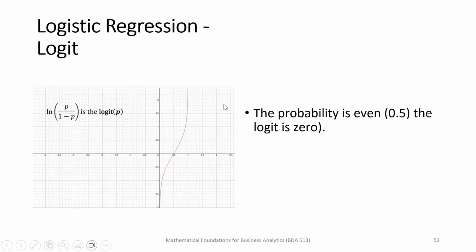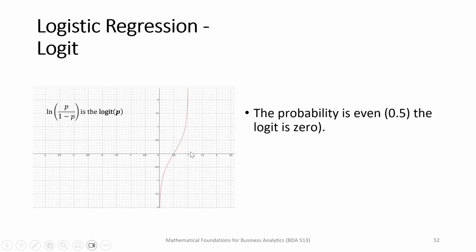When you find the logit, you see that the line crosses 0.5 on the x-axis, which is between 0 and 1. Please, can you see it? Between 0 and 1.